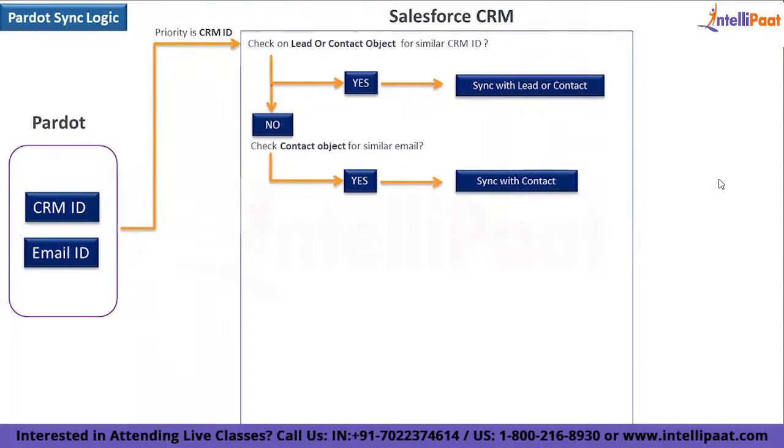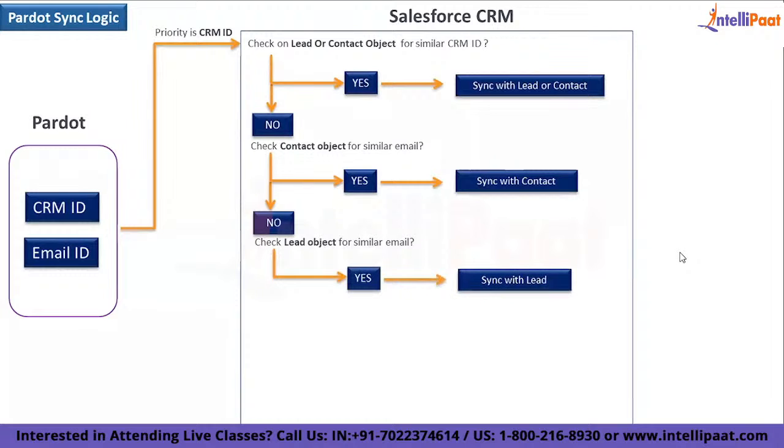If the answer is yes, it will get updated. If the email address is not available on contact, then it will go to the lead object. It will check whether the email address of the prospect is available on lead. If it is available, it will get updated on lead.